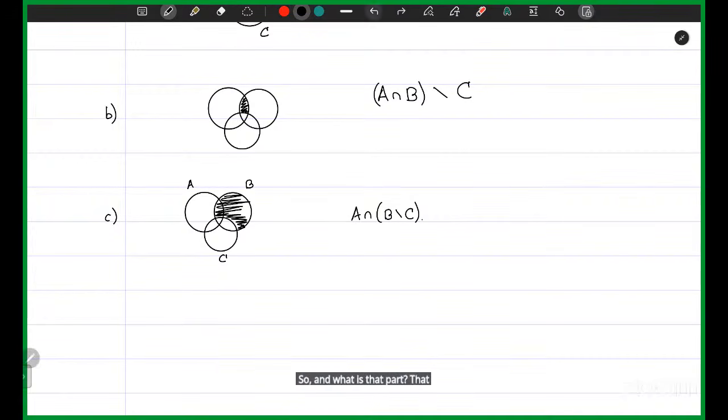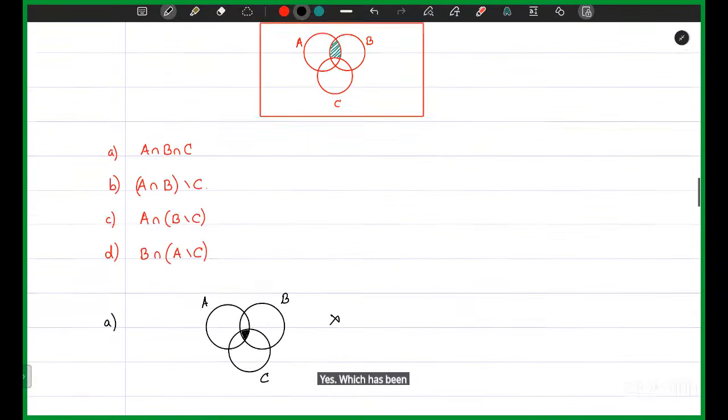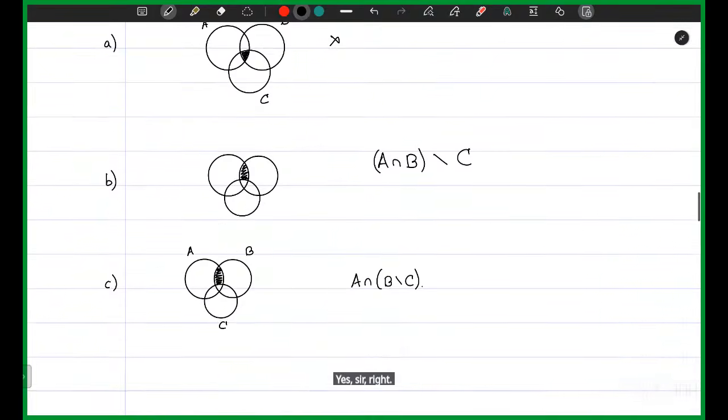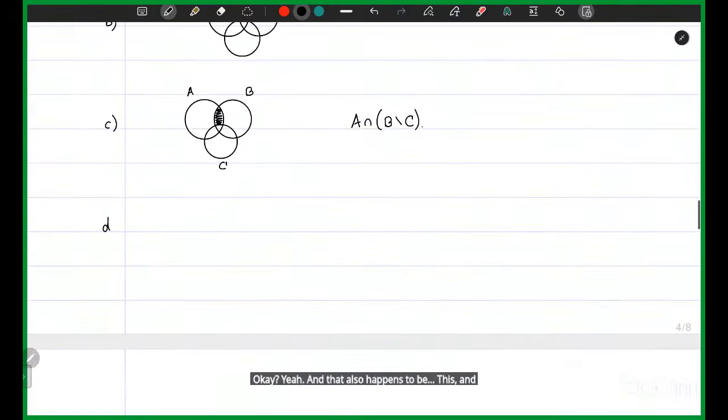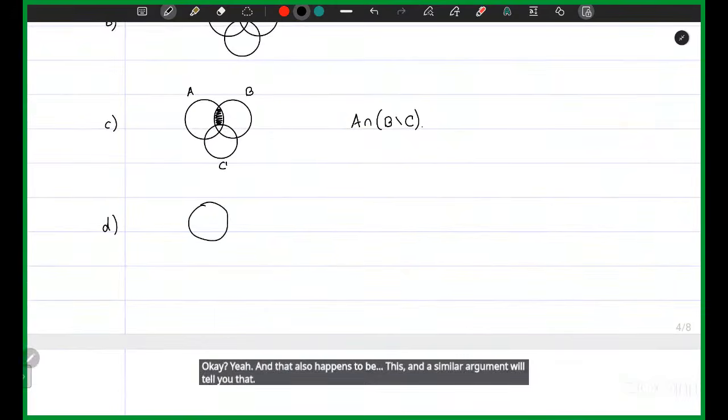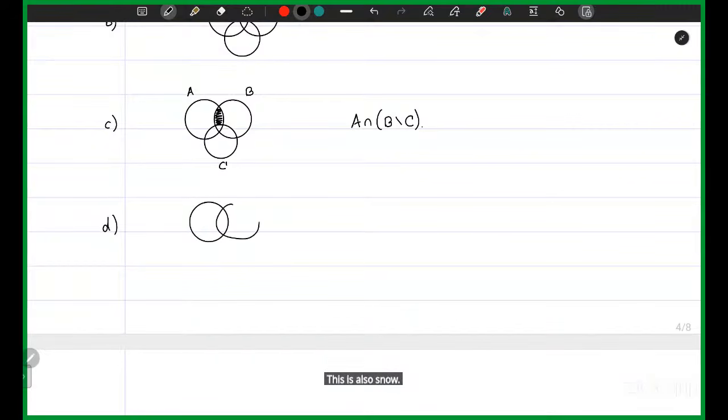That part would be precisely this, right? Which happens to be this, which has also been asked in the question. And a similar argument will tell you that the other option D is also correct.